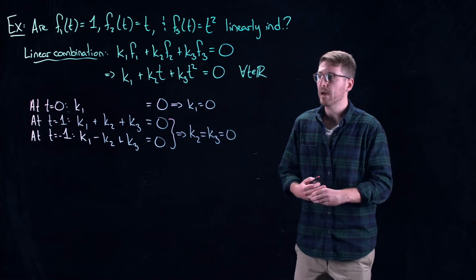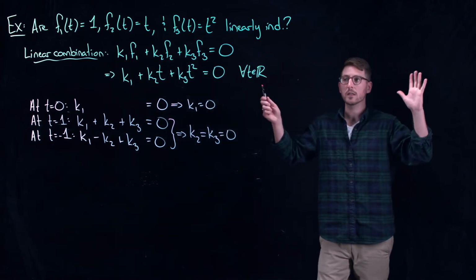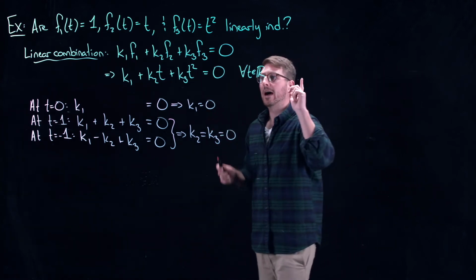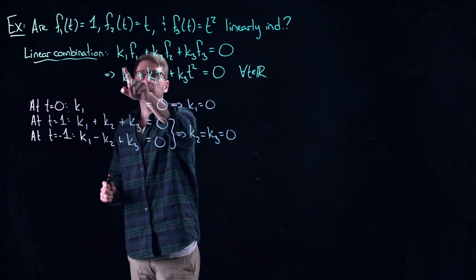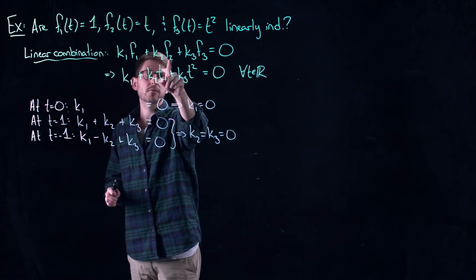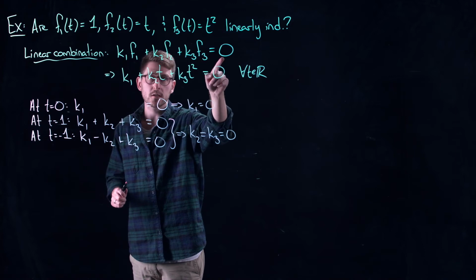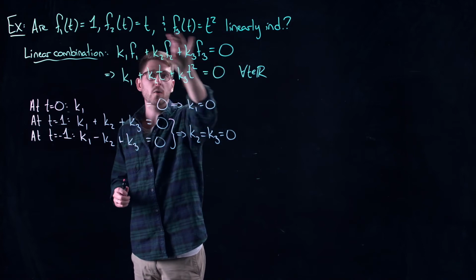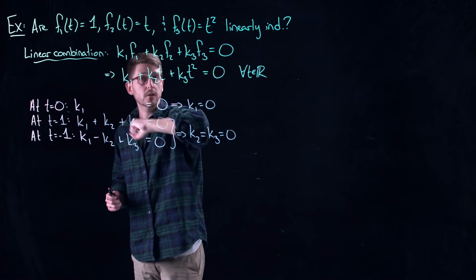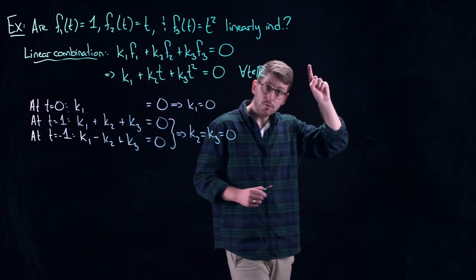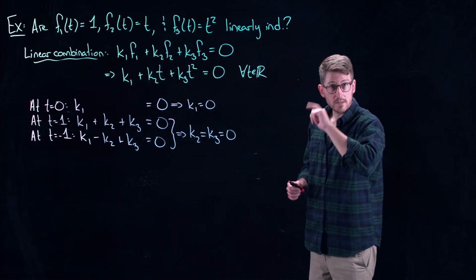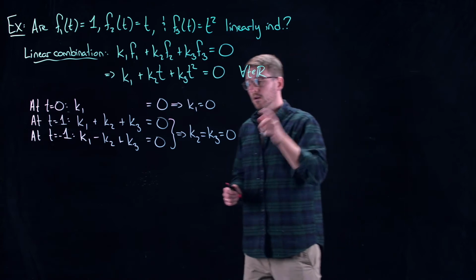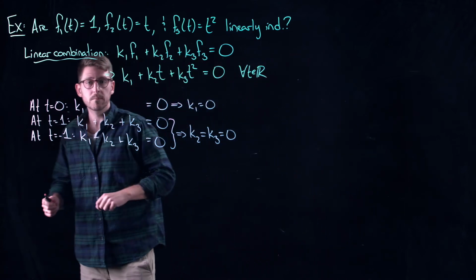So let's step back here. Let's zoom out and see what it is that I really said. I said that if k1 f1 plus k2 f2 plus k3 f3 is equal to 0, this is the equation you're going to check for linear independence. If that's going to be true for every single t, then it's got to be true for t equal to 0.